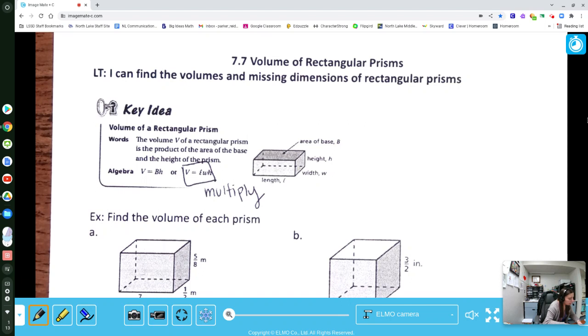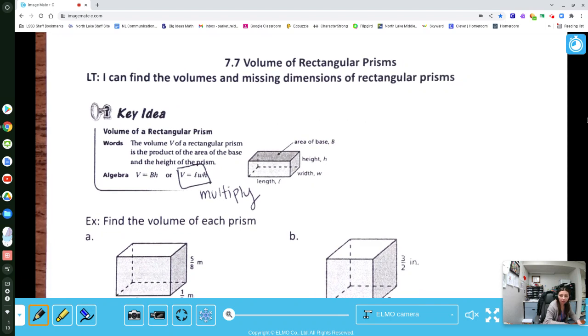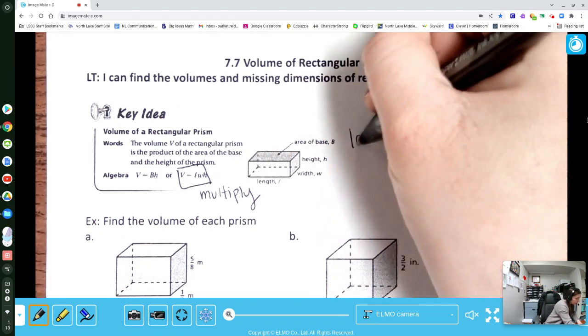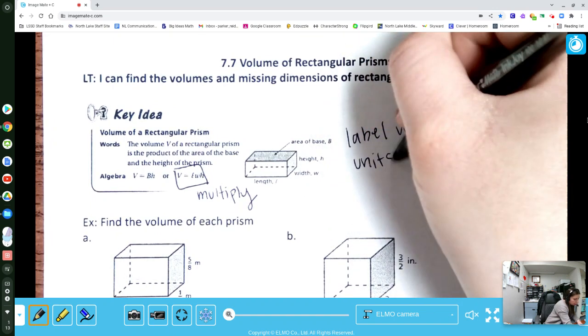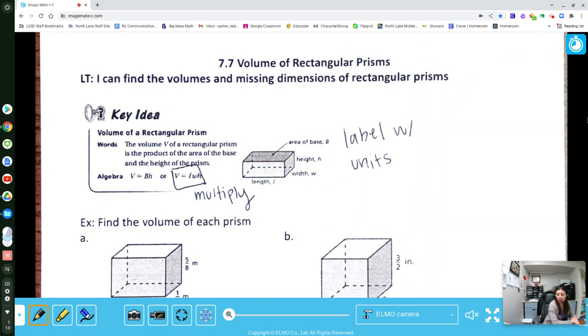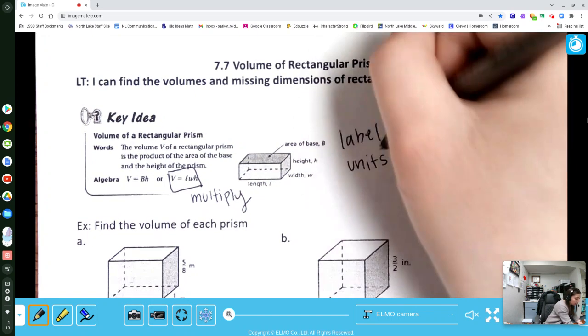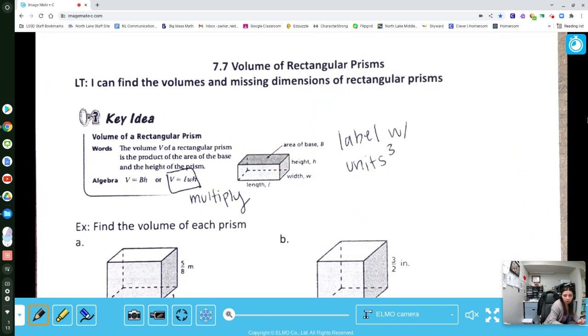Now, when we find volume, we have to make sure that we always label our answer with units. And just like how with area we had a special kind of units, units squared, for volume we actually need to label with units cubed. Here's why.